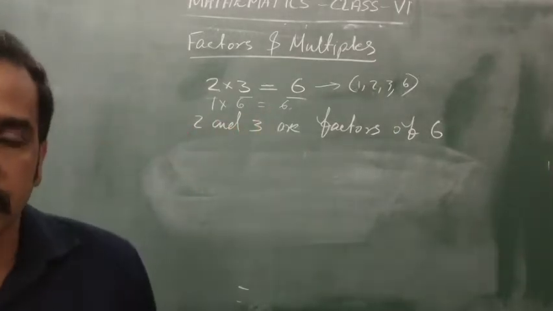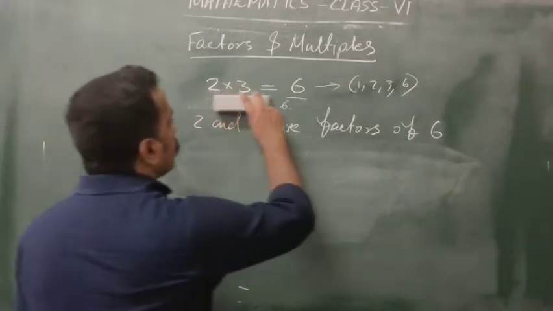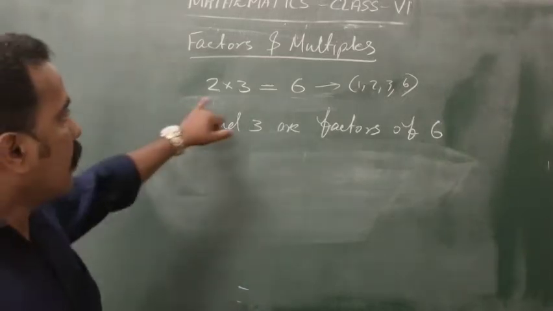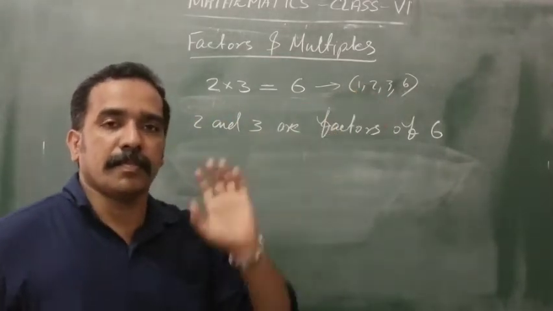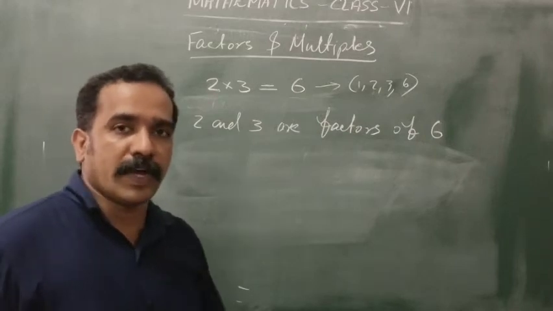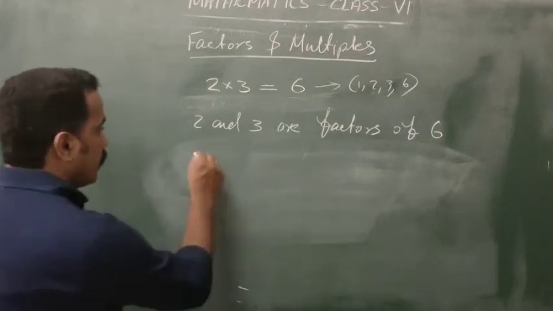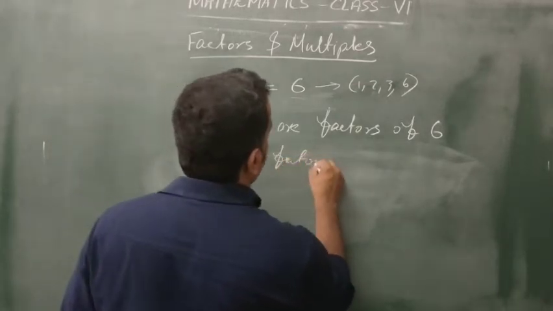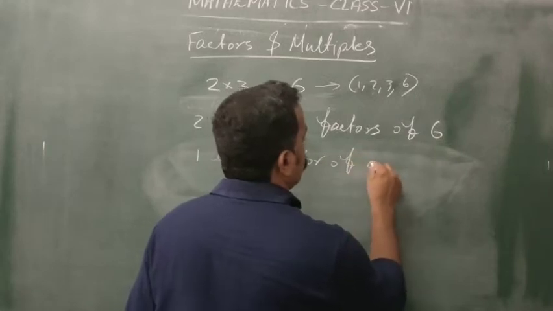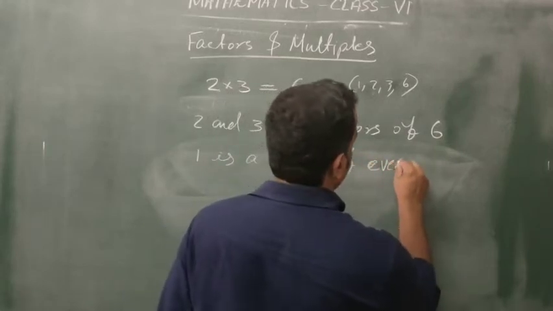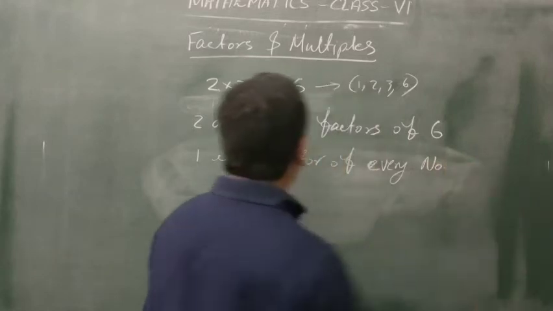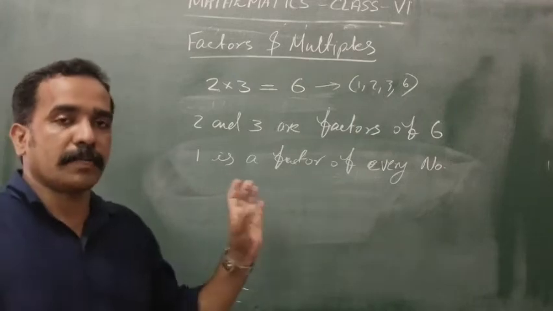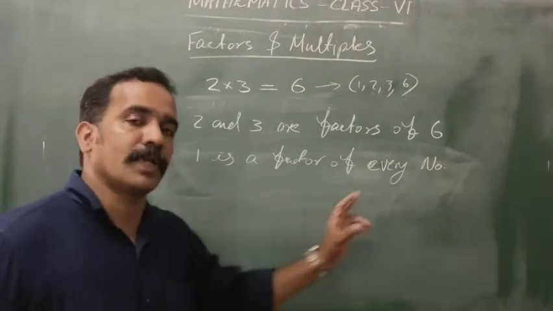Now the properties of factors and multiples. If you look at these factors and multiples, 1 is a factor of every number, we can say. So that is the first property. 1 is a factor of every number, because along with 1, if you multiply some number, you will get that number itself.